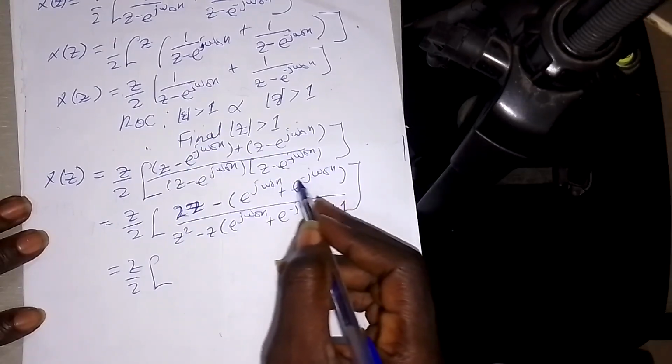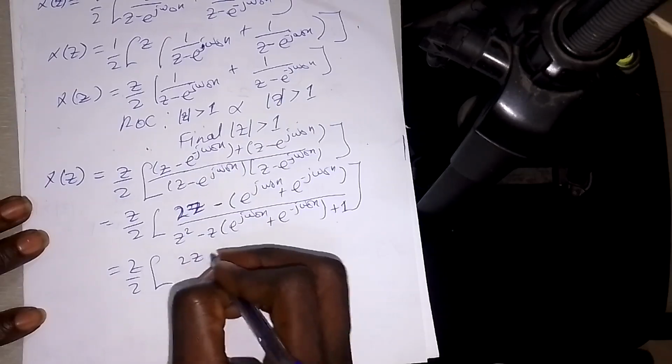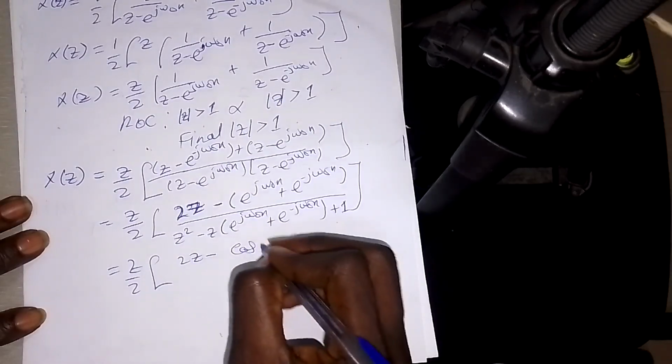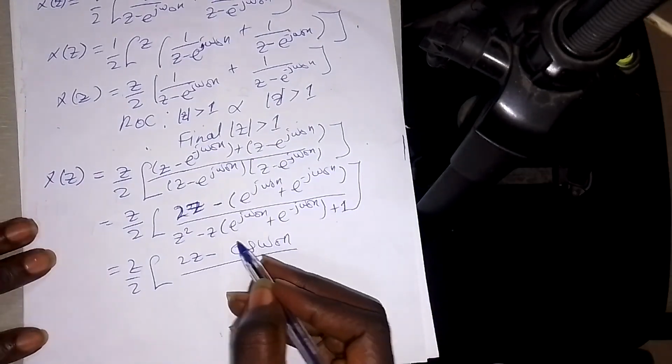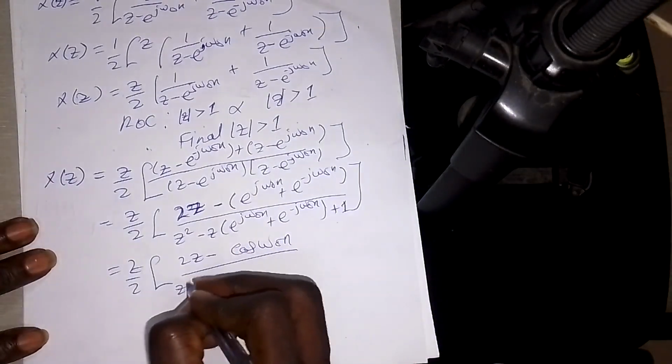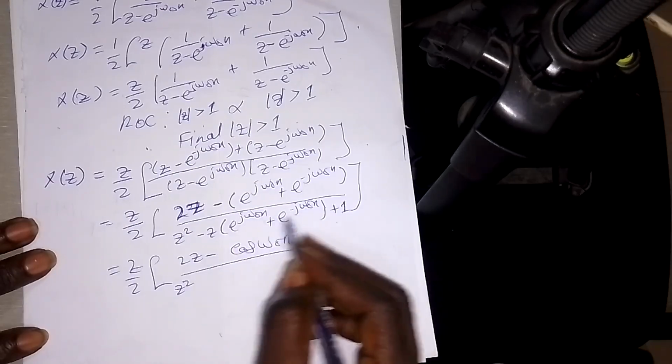So I will have 2z minus cos omega naught n over z squared, and here is supposed to give me a cos.